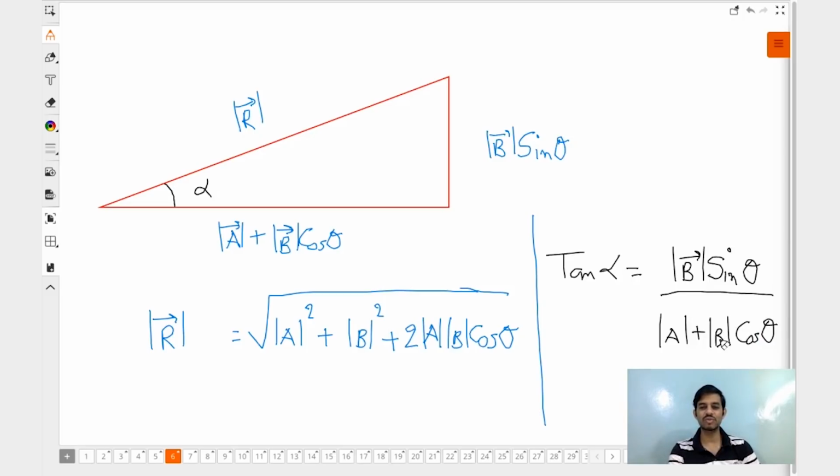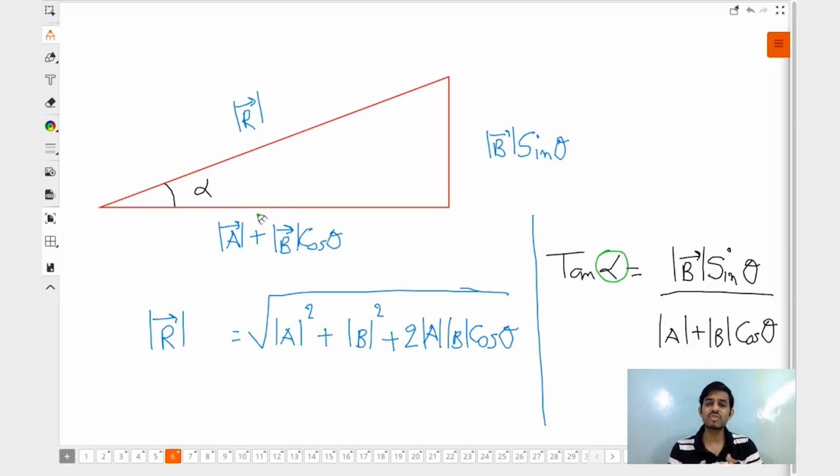Clear हुआ सभी को? Everyone following? That's lovely. Now guys, एक बहुत important चीज that I wanted to emphasize upon. Remember, this alpha angle is with A vector. Okay. अब questions में वो twist क्या दे सकते हैं?